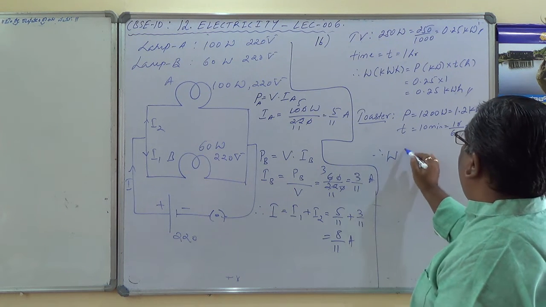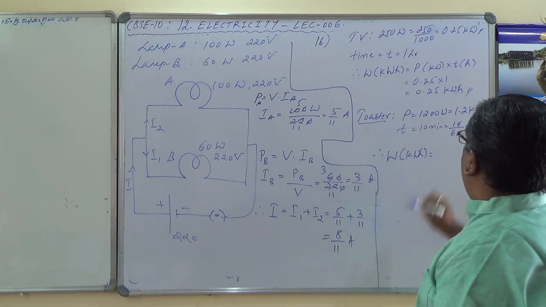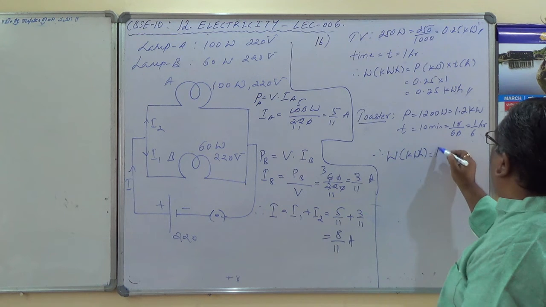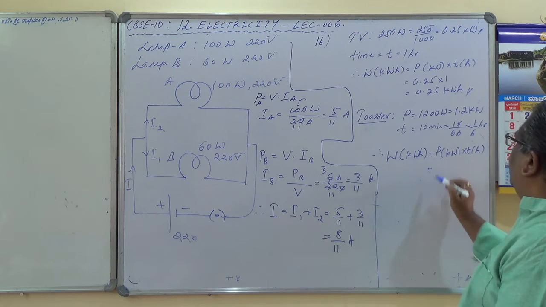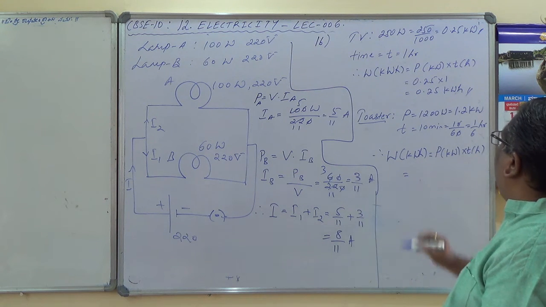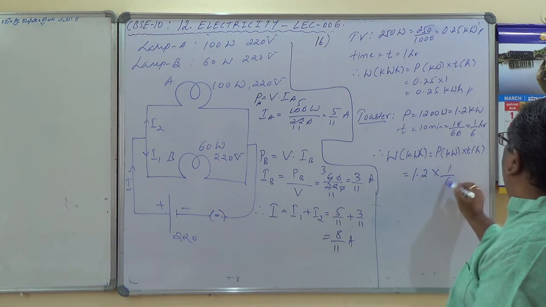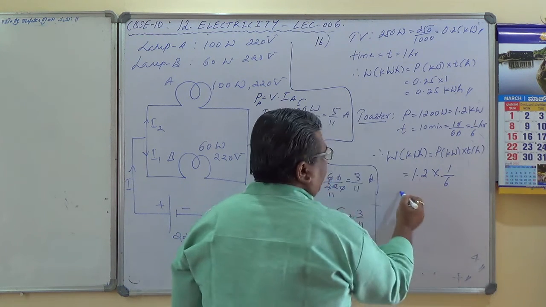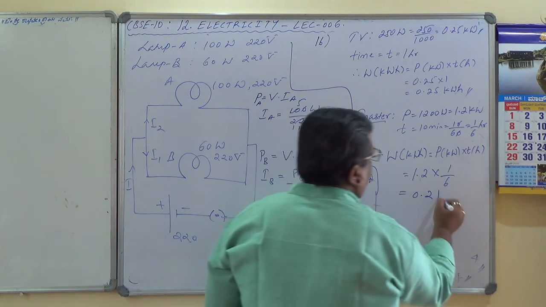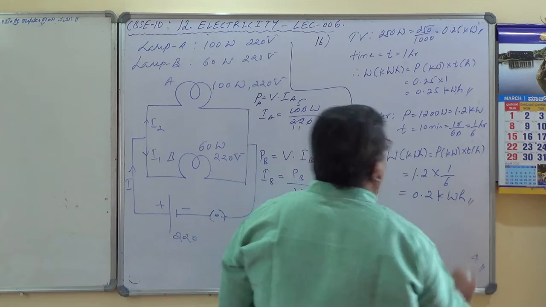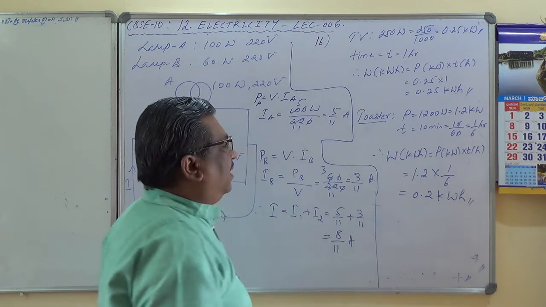Therefore, energy W in kWh is equal to power in kilowatt into time in hours, which equals 1.2 kilowatt into 1 by 6. So how do you calculate? 0.2 kWh. Compare 0.25 kWh, 0.2 kWh.